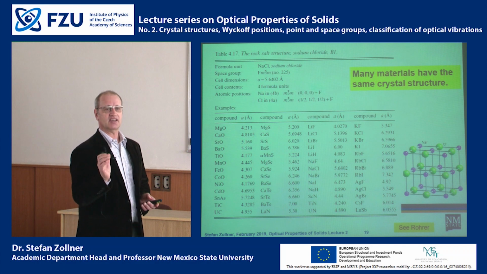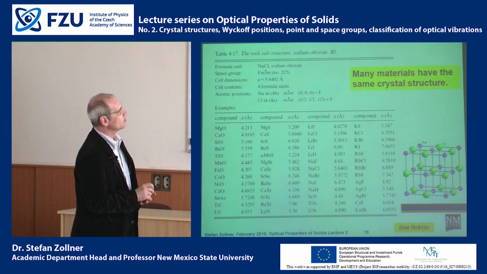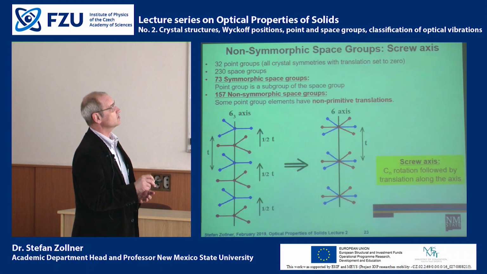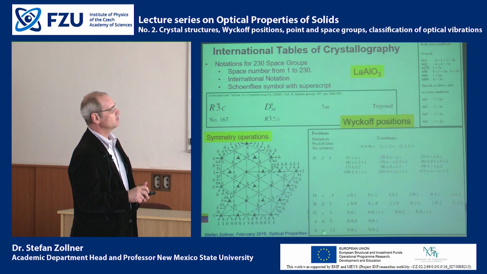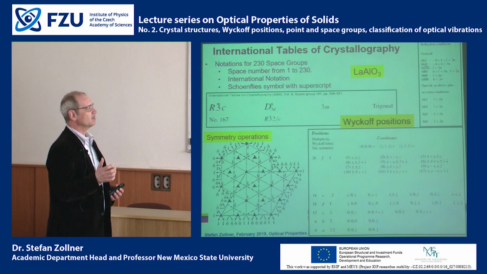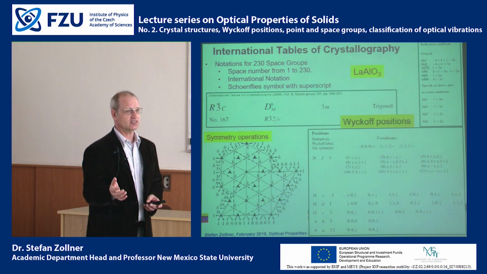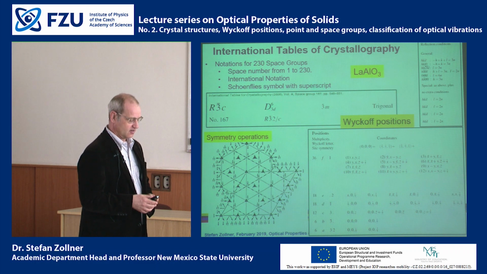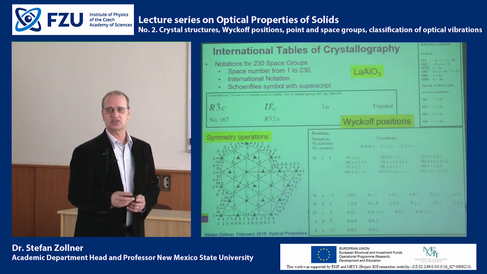That does not tell us anything. There are 4 chlorine atoms in the A position. We need to go to the crystallographic tables and see what the A position means. Ah, that means I have an atom at 0, 0, 1/2 and 0, 0, 3/2. So the international tables tell us where the atoms are located in the unit cell.